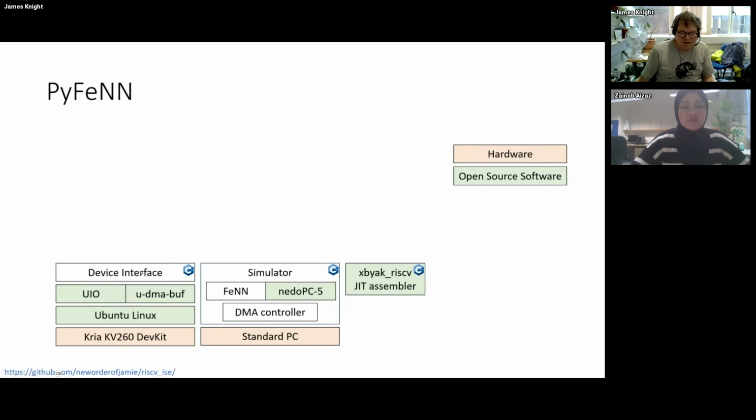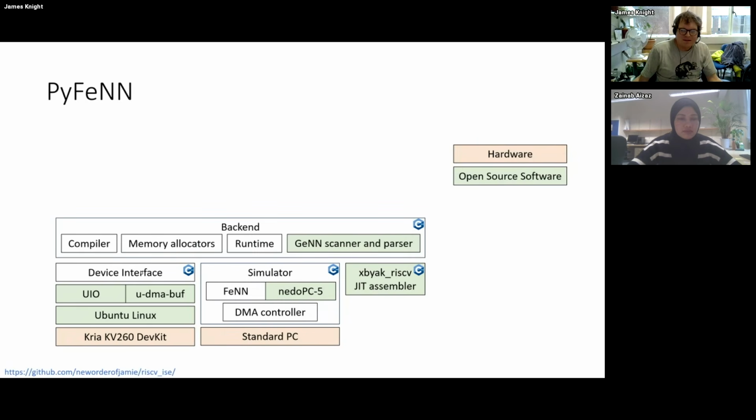Using this, we wrote the first test spiky neural networks for FEN. But we are really interested in making something usable, and writing spiky neural networks in assembly language doesn't sound particularly usable. So we then started building this backend.